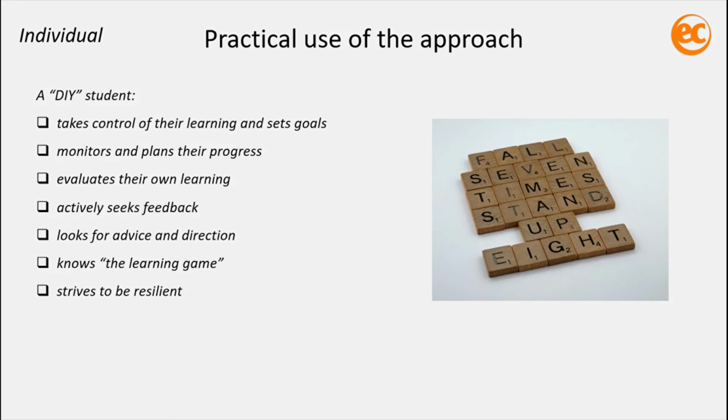A DIY student strives to be resilient. I've added "strives to be" here because I think resilience as a word is a bit of a double-edged sword and can sometimes be used to justify failure. You know, the student needs to be more resilient, or they need to come to their lessons, otherwise they won't progress.